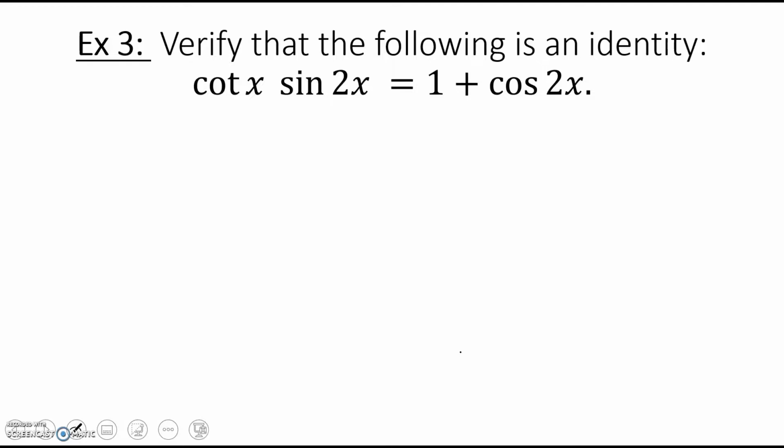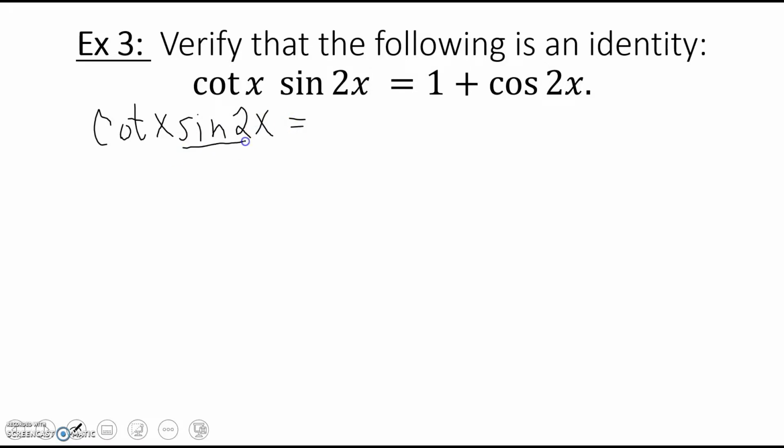Alrighty. So remember, when you verify, you pick the side that's most complicated to start with. And in this case, the side that looks like it has the most stuff in it, to me, is the left side. So I'm going to start with the left side, cotangent of x times sine of 2x. And then I'm just going to rewrite.